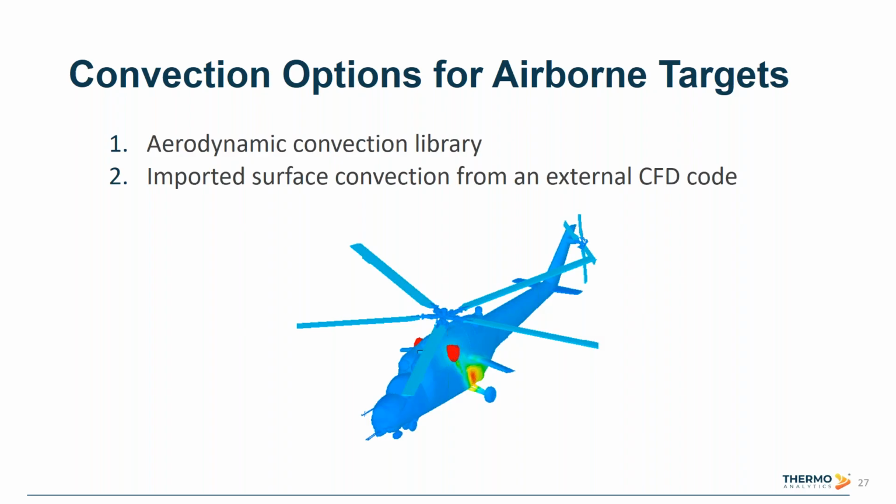The first is the built-in aerodynamic convection library, which is a simplified approach and is a fast way to get convection on the outside of an aircraft. But in the case with the image shown here, the exhaust gases are being forced downward from the force of the rotors and are impinging on the side of the helicopter. The best way to account for this phenomena is to include a CFD airflow prediction in the model.